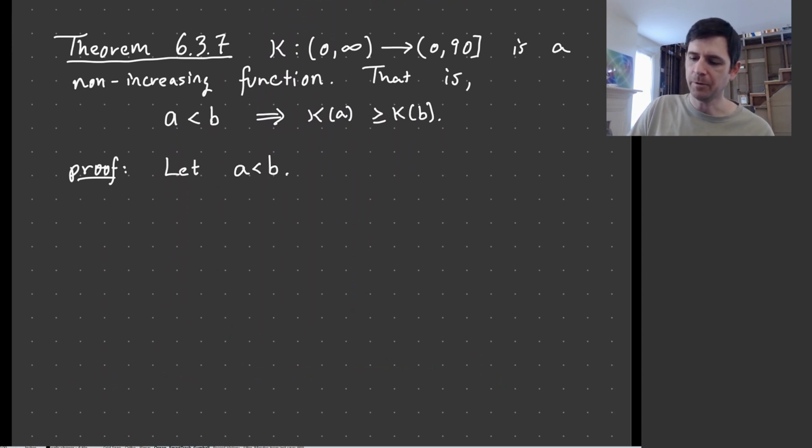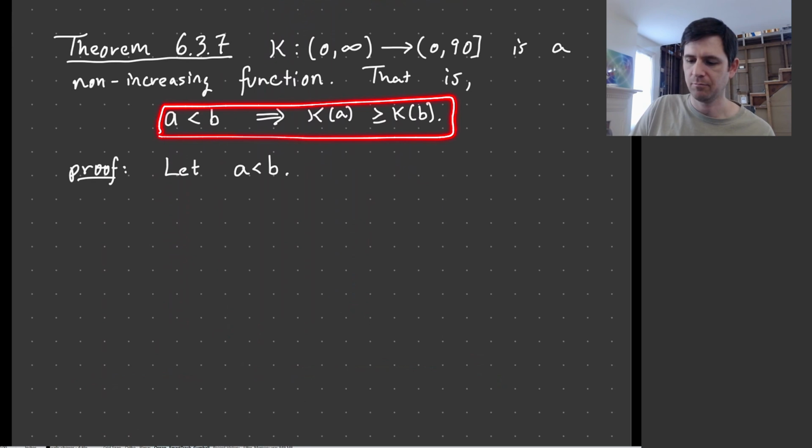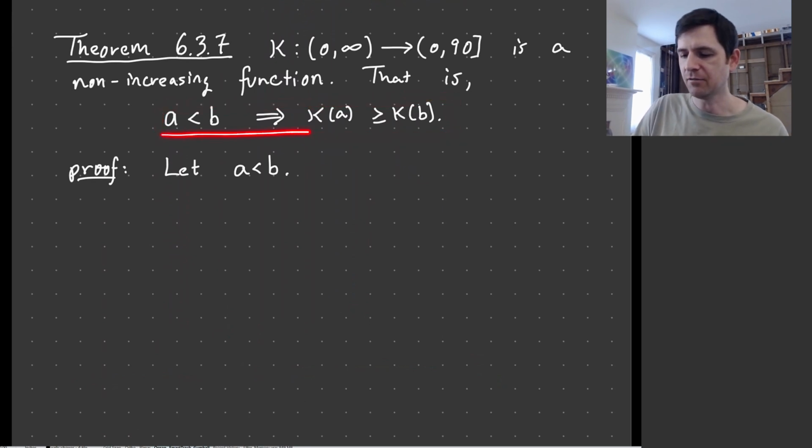So this is really what we need to show. This is the definition of non-increasing. We're going to start with our assumption, choose A less than B, and try to prove that this holds.